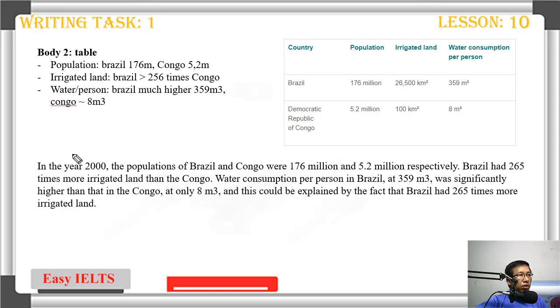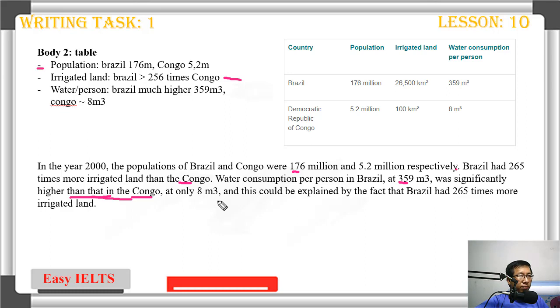Okay, now we move on to body 2. Begin with, you say in the year 2000, we talk about population first. The population of Brazil and Congo was this number and this number respectively. Okay, and continue: Brazil had 265 times more irrigated land than Congo. Water consumption per person in Brazil at 359 was significantly higher than that in Congo, at only a cubic meter. We're going to learn this structure in another lesson.